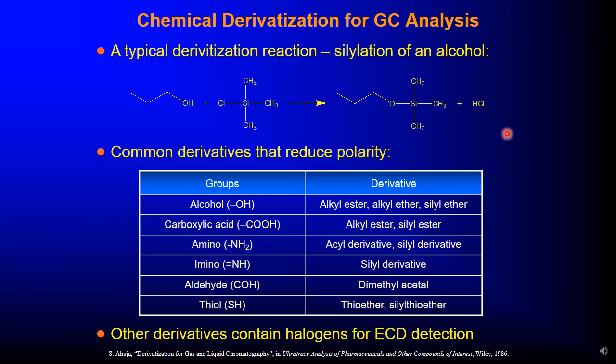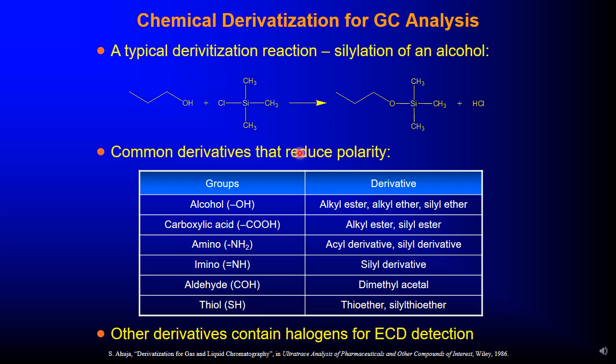Chemical derivatization for gas chromatography analysis. A typical derivatization reaction is silylation of an alcohol. You can see here we have one alcohol, then trimethylsilane, and then the compound that we have made, and you can see that this compound no longer has the OH group, a polar group that we had here.